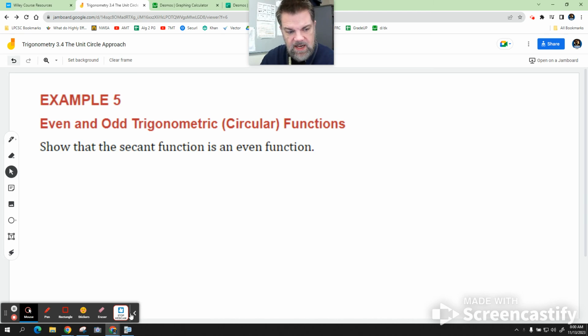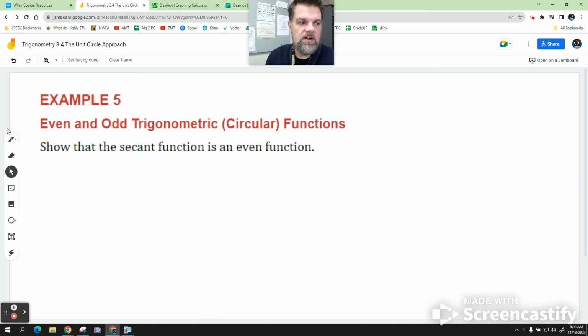So we're being asked to show that secant is an even function. So remember that for even functions, it's the same value for the positive and negative inputs.